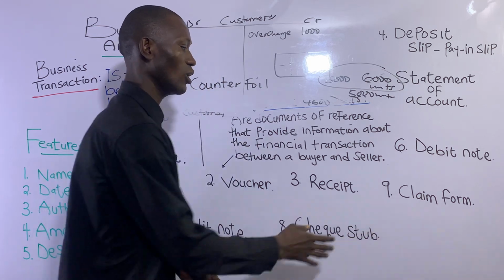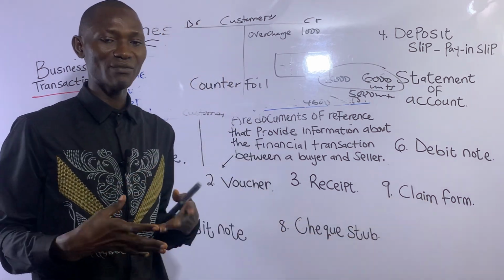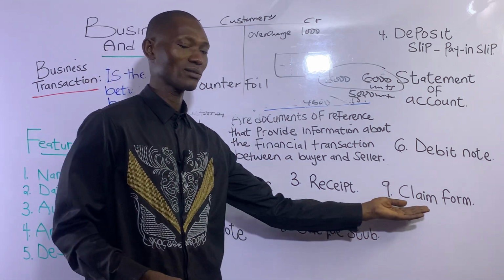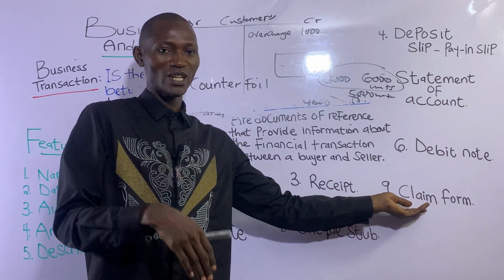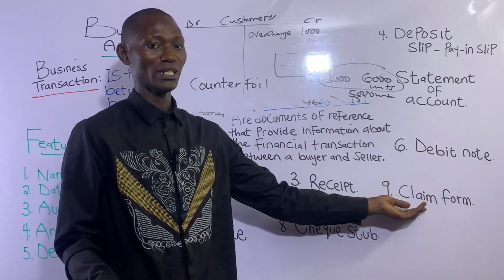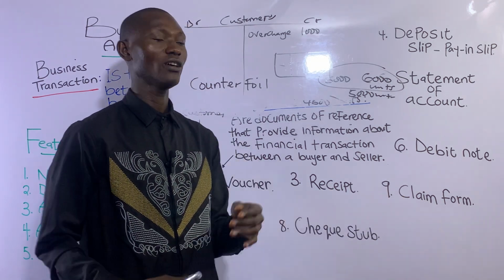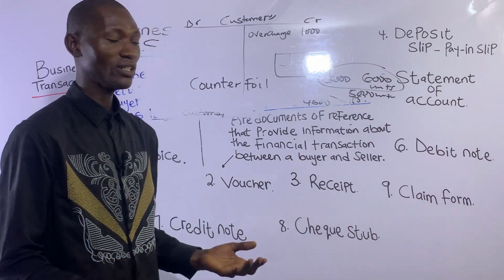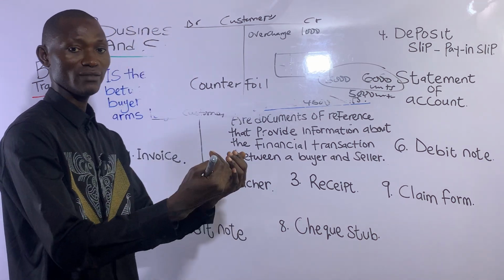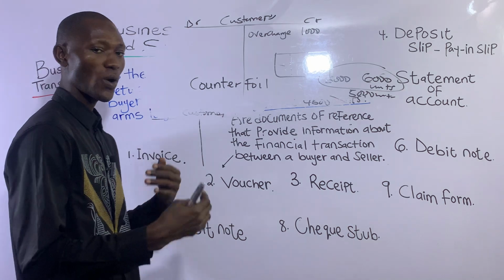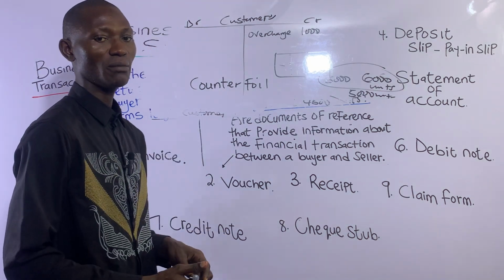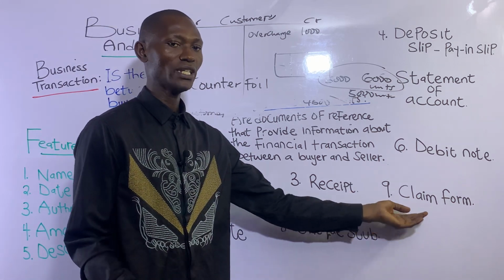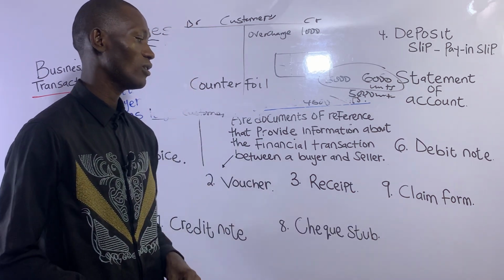And a good example of claim form, which can serve as evidence that the staff or the employee has paid a particular money or has incurred a particular expense from his personal purse for the benefit of the company, could be receipts. Receipts, perhaps that was received when he paid the money for the benefit of the company. So that's basically what claim form is about.